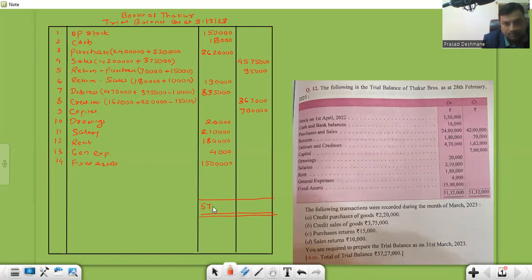It comes to 57 lakh 27,000. Okay, now I'll calculate the other side also. There was one calculation error, which is supposed to be 85,000. Okay. This is the trial balance with adjustment. Thank you.